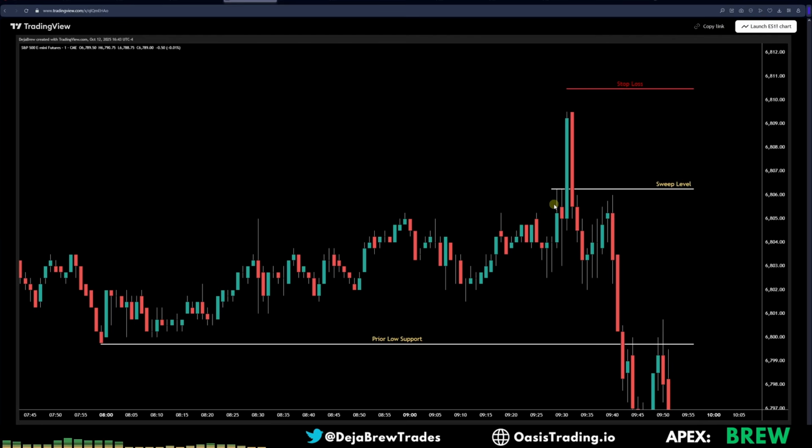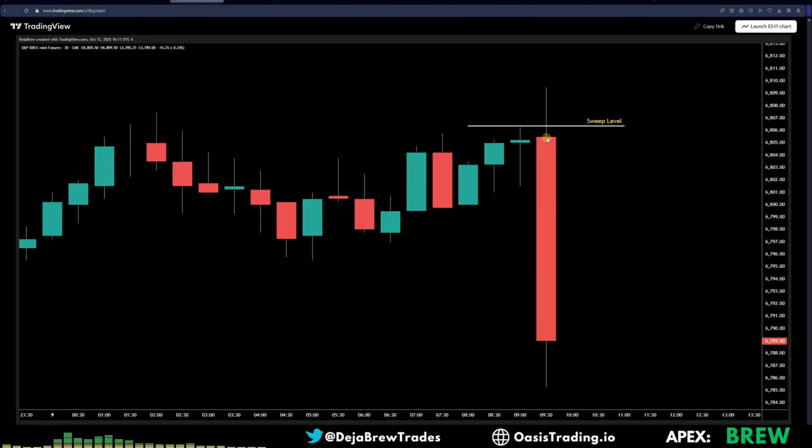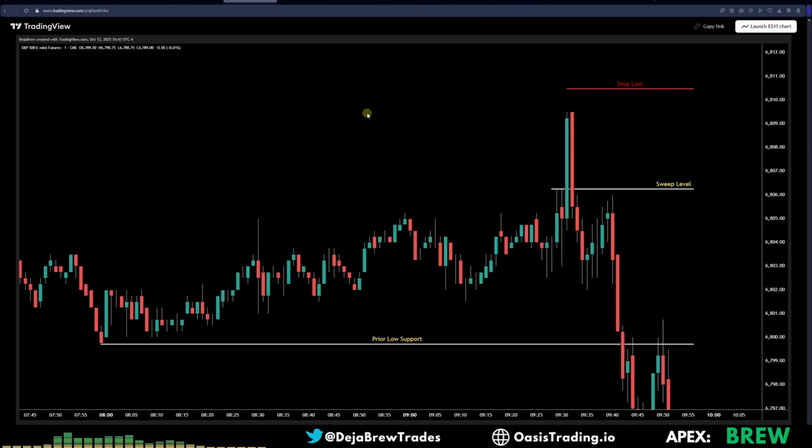Are we actually starting to put in those clusters of candles, those obvious lower highs, in this case because it's a bearish sweep? Are we putting in those lower highs and possibly lower lows? But to identify the actual sweep level, we do want to be doing that on a 30-minute time frame. That is the time frame I found is best for those trades. So once we identify that sweep level on the 30-minute, we can go down to the lower time frame and start to look at that market structure.